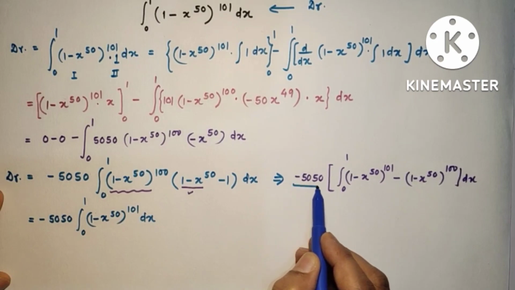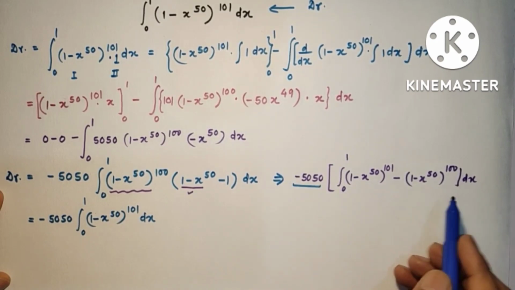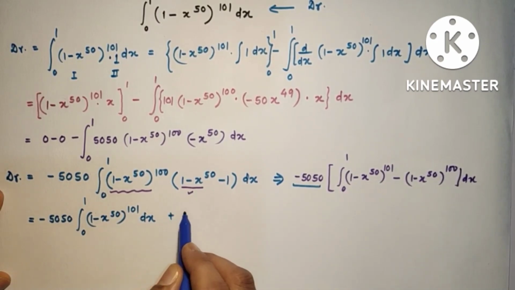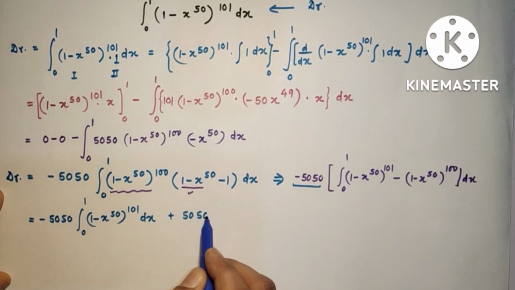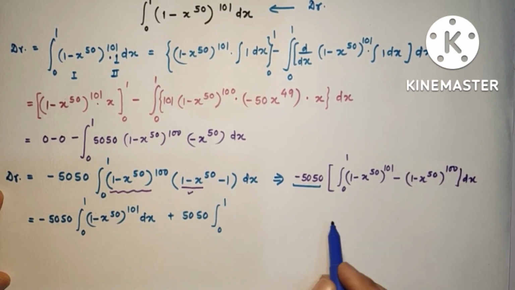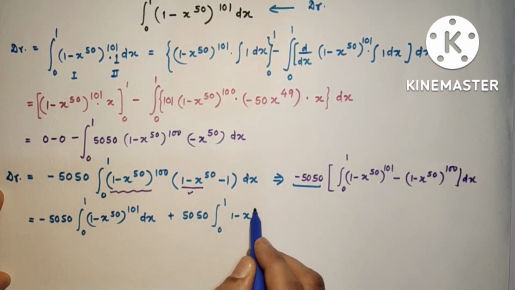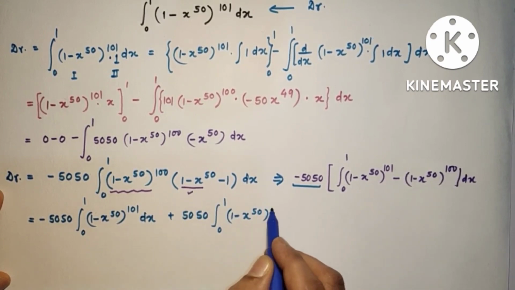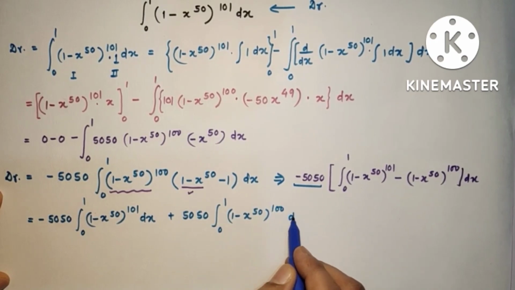This minus 50, 50 and this minus will be plus 50, 50 integral from 0 to 1, (1 minus x raised to the power 50) raised to the power 100 dx.